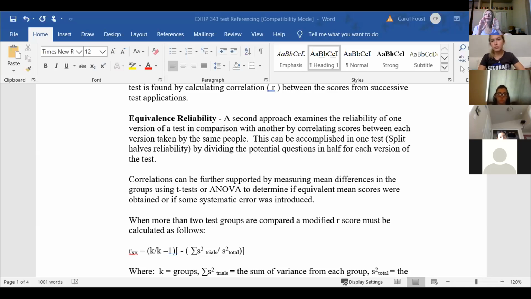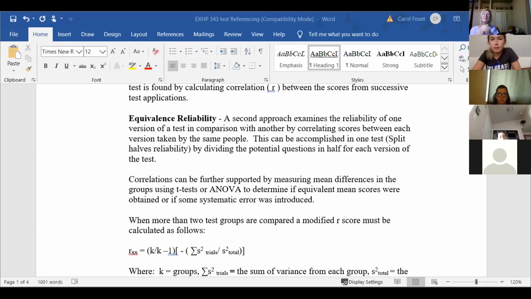So I would look for a really high correlation over 0.7 or 0.8, okay? And I would look for no difference on a t-test because I want them to be the same. I want to be able to say statistically, these results are no different, okay?